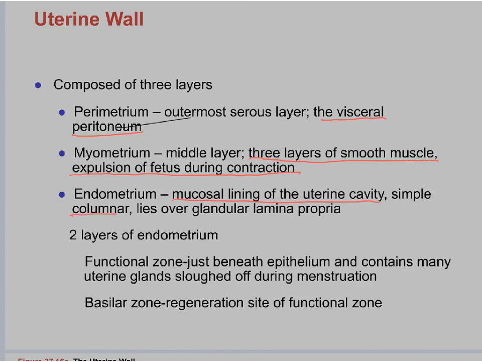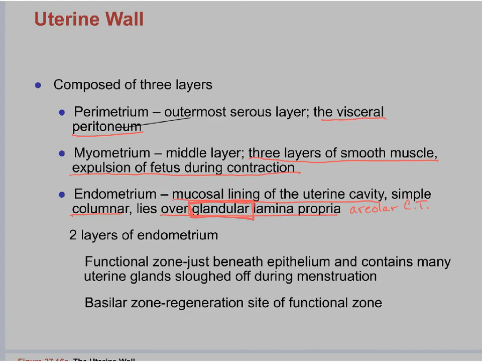The epithelial tissue there is simple columnar, and that overlies a glandular lamina propria. Remember, lamina propria is going to be made of areolar connective tissue, but also in a glandular lamina propria, there are going to be a number of glands there doing some secreting.